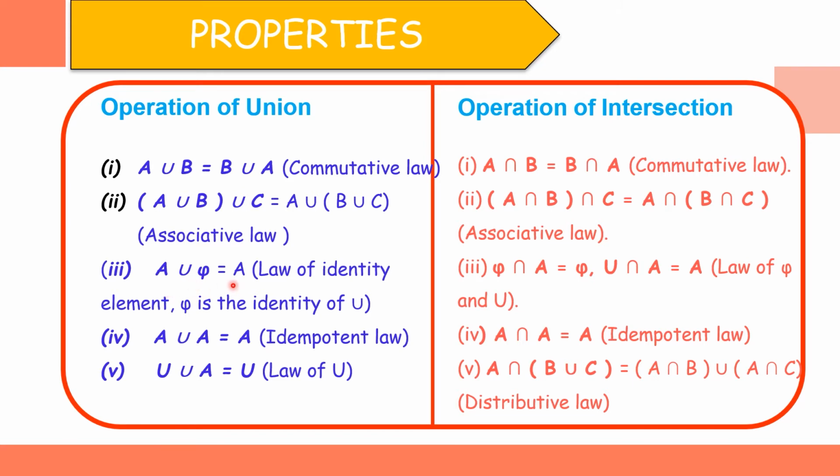A union null set is A only, like in the law of identity for addition, 1 plus 0 is equal to 1. The same way, instead of 0 we take the null set in sets. So A union null set is equal to A only, because no elements are there, only A will be your set. So here we call phi an identity.